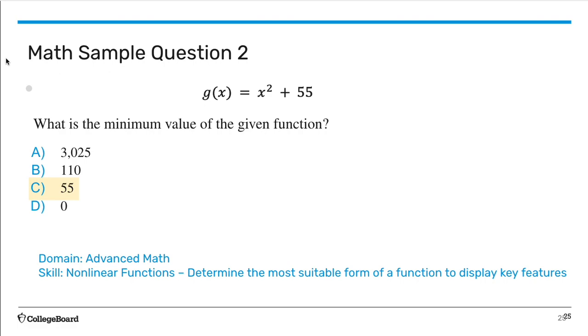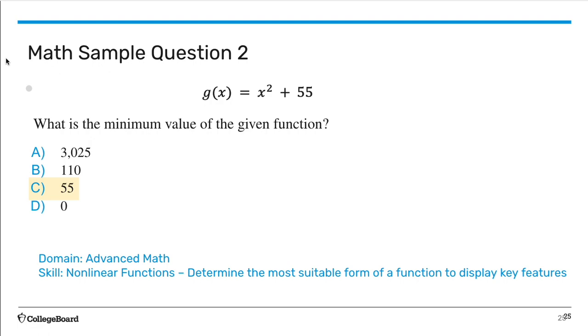A quadratic function in the form of g of x equals a times x minus h squared plus k, where a, h, and k are constants, has a minimum value of k at x equals h, where a is greater than 0.